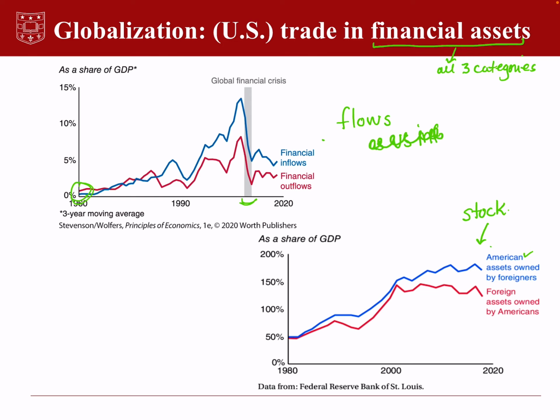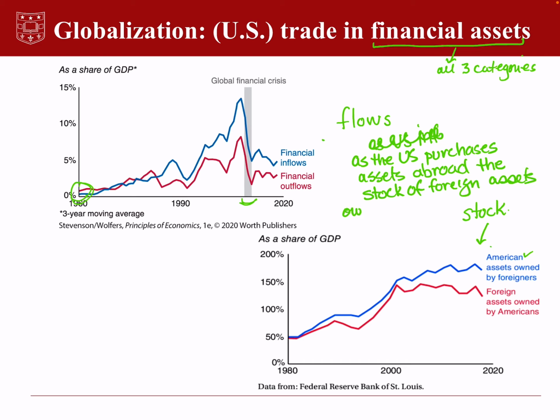So let me see. Let me do it this way. As the U.S. purchases assets abroad, in other words, as the flow rises, then the stock of foreign assets owned by the U.S. goes up.